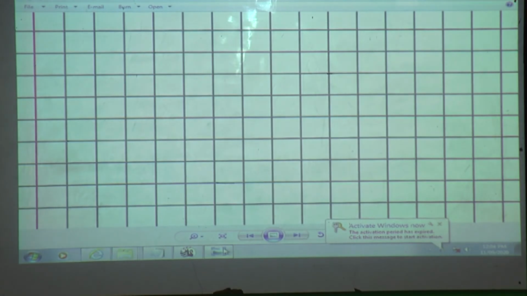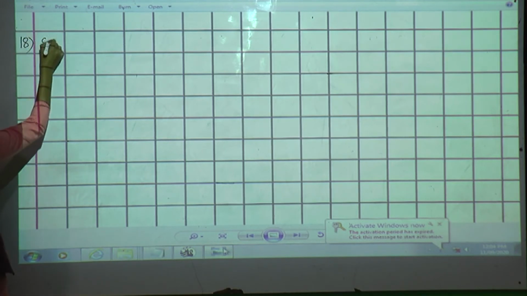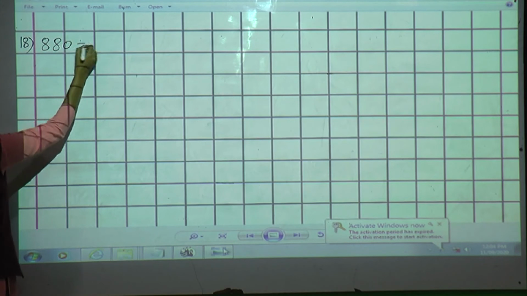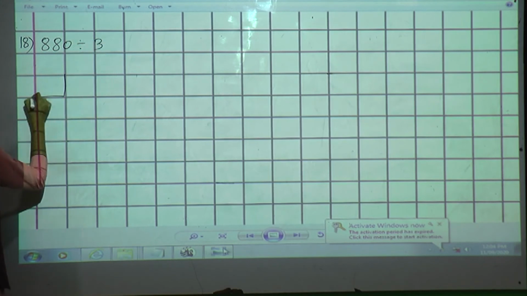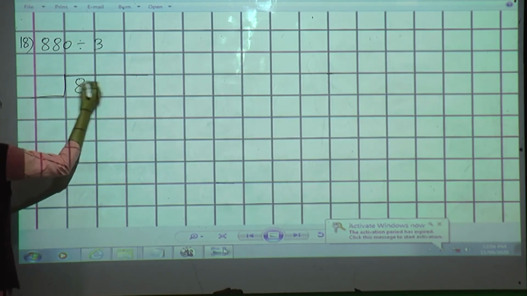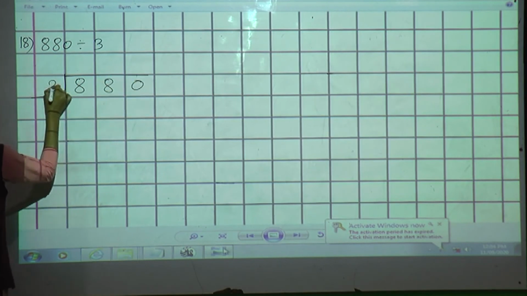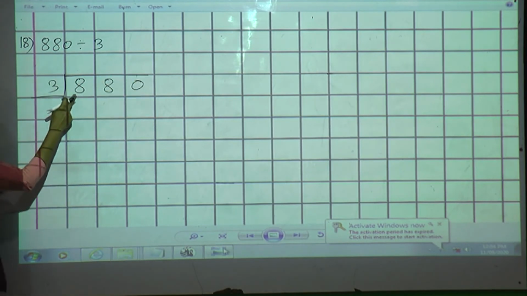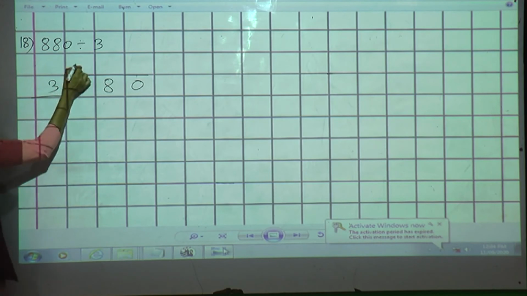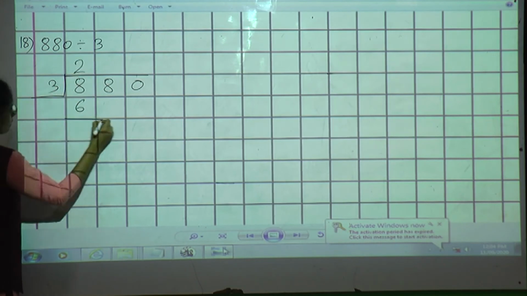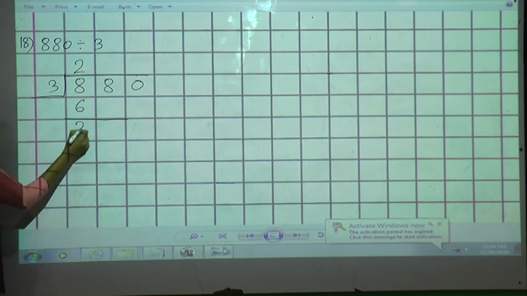Then we'll move to the next example, that is the 18th number. 880 divided by 3. Now divide the hundreds first. 8 by 3. 3 2s are 6. 8 minus 6, 2.